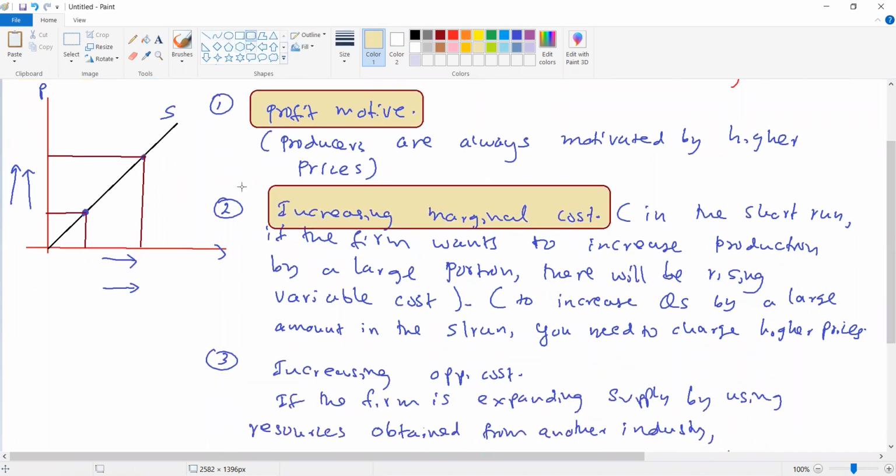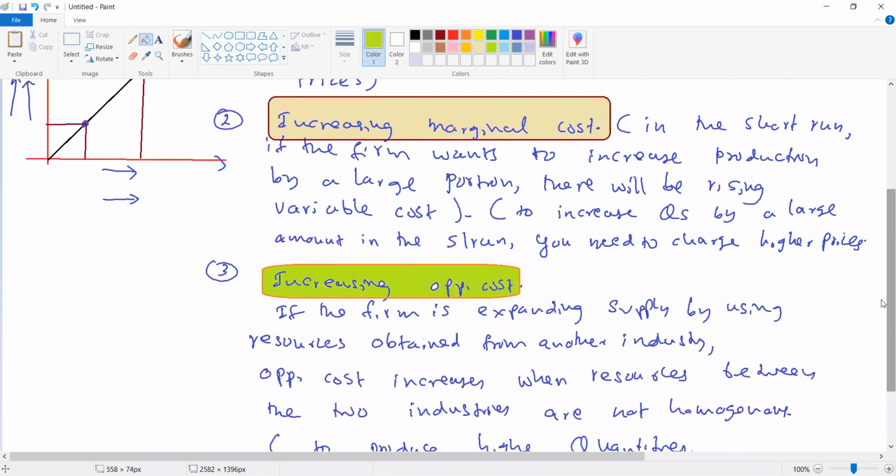What is that reason? That reason is increasing opportunity cost. If the producer is taking resources from another industry, then he will have to face rising opportunity cost, as usually resources are not similar between two industries.